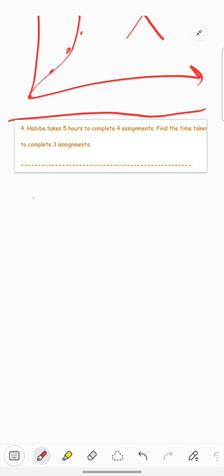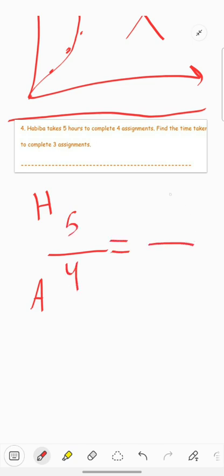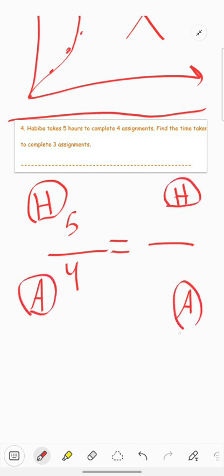Okay, so I have H and A for assignments, and make a fraction. 5 hours and 4 assignments. Of course, the numerator must be H and the denominator is A. So the numerator here is H, hours and hours, and the denominator is assignments and here assignments.